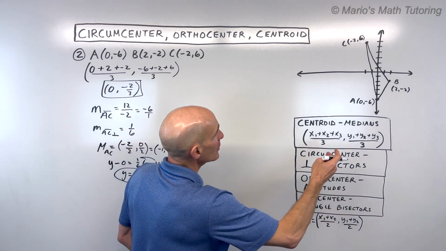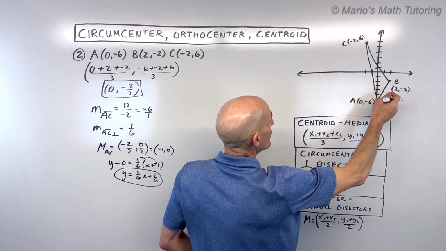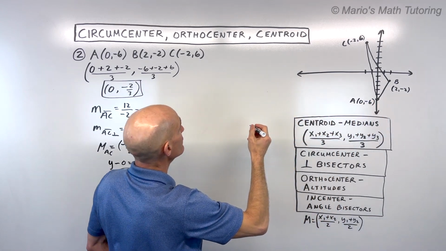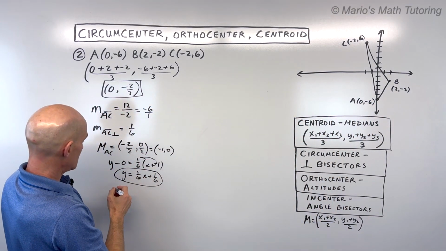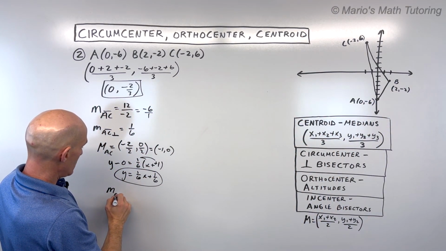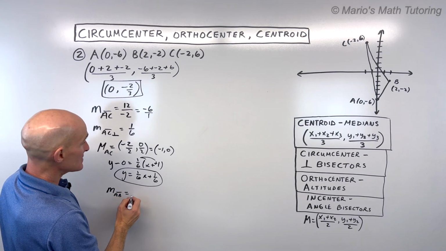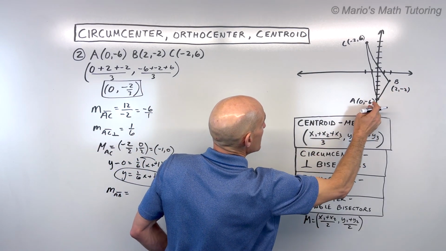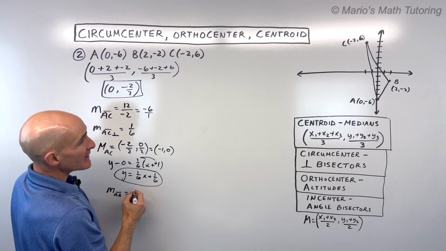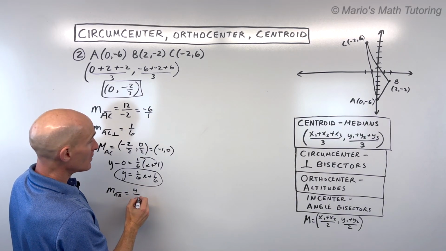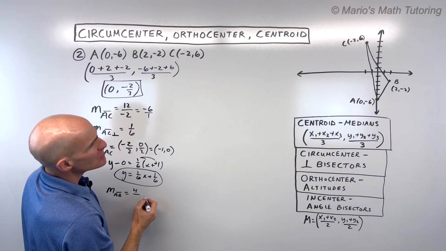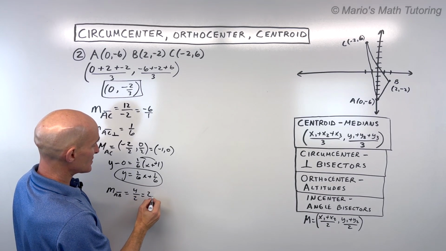How about we do AB here? Okay, so AB, let's go ahead and find the slope. So slope of AB is equal to y2 minus y1, so negative 2 minus negative 6, which is 4, over 2 minus 0, which is 2, so that's the slope of 2.